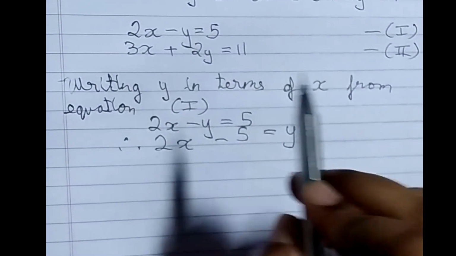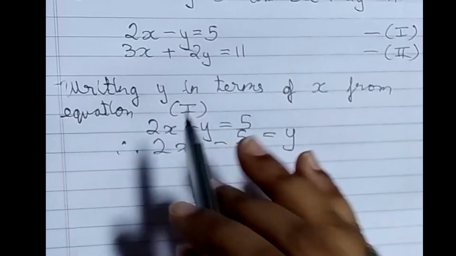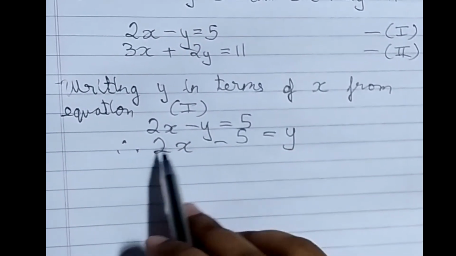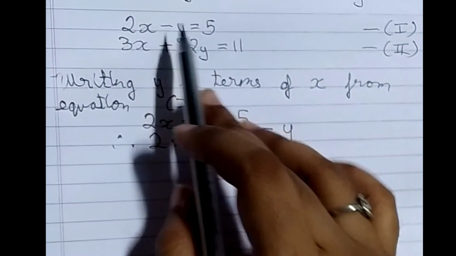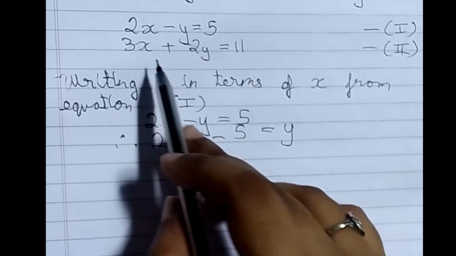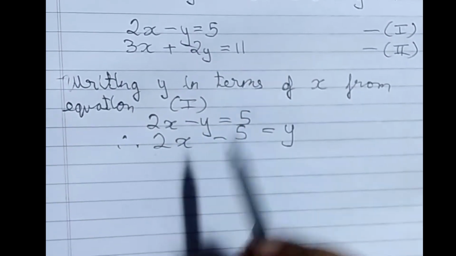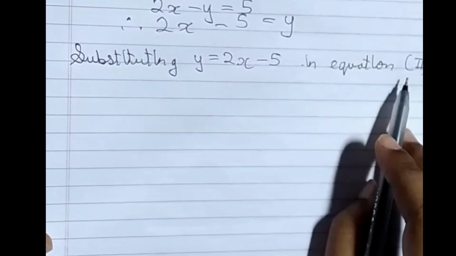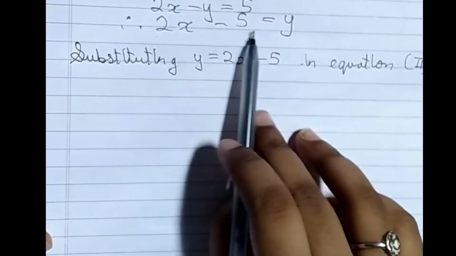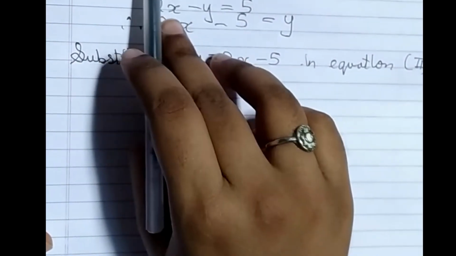That is the substitution method. After rearranging the first equation we got the value of y, and that y we will substitute in the second equation. So substituting y equal to 2x minus 5 in equation 2.